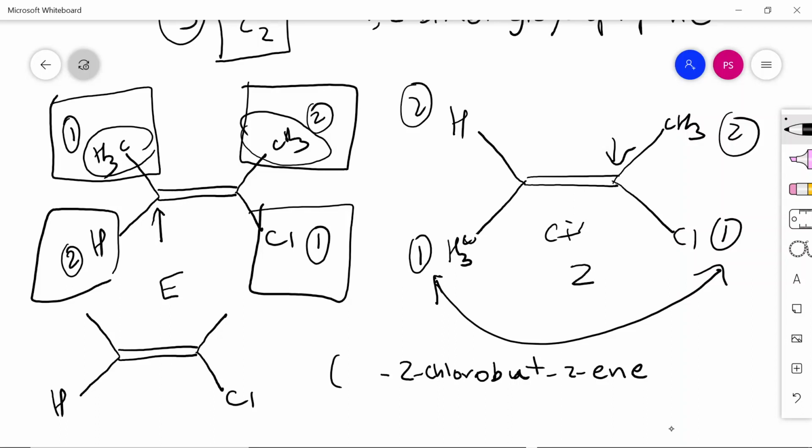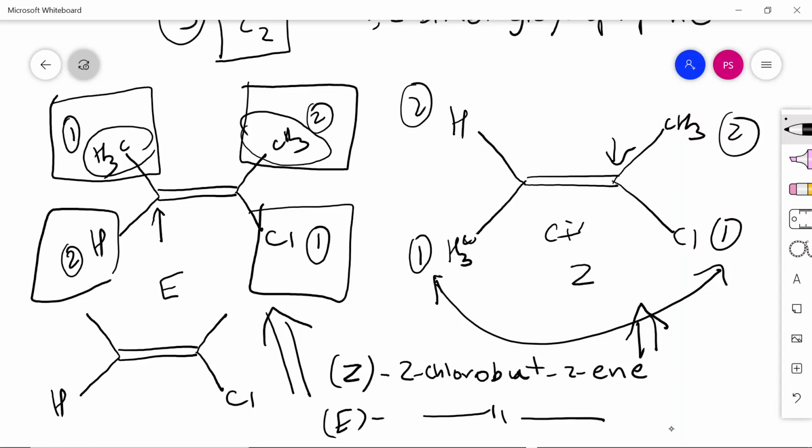Further you can put here Z or E. Z-2-chlorobutene means this compound, and E-2-chlorobut-2-ene means this compound. Or instead of Z, you can simply write here cis-2-chlorobutene and trans-2-chlorobutene.